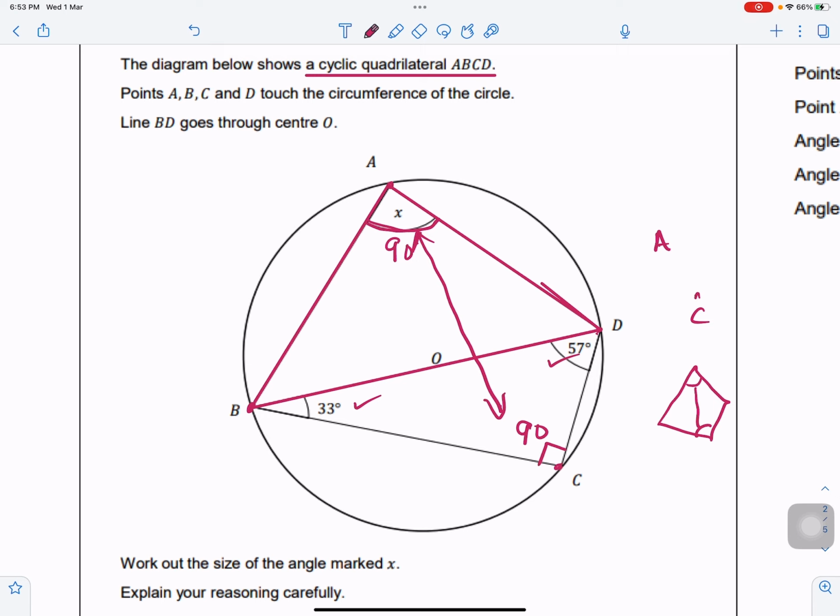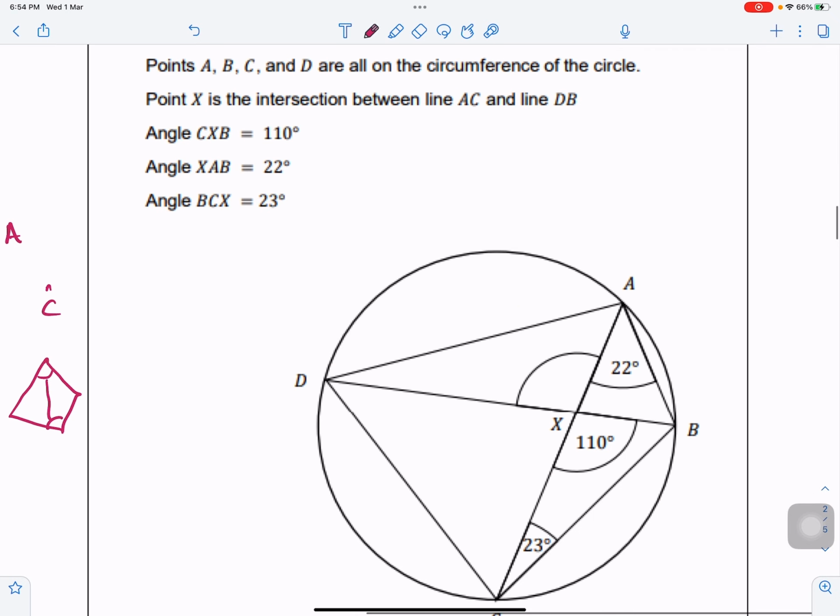So you see, there is not only one way to solve it, there are more ways to solve it. So whatever way you are using, explain your reason accordingly. So if you are using the cyclic quadrilateral property, you can mention that. Or if you are using the other property which is called angle in a semicircle, then also you can mention it. Let's see this question.